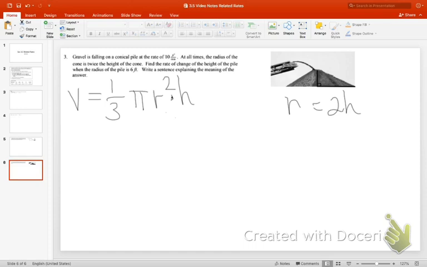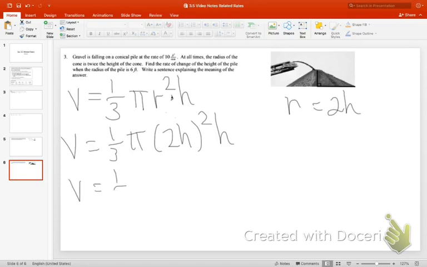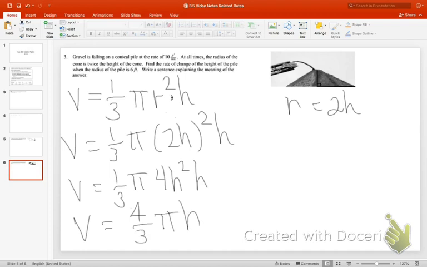So I can substitute this into that volume formula and get 1/3 pi (2h) all squared times h, which gives us volume is 1/3 pi 2h squared is 4h squared times h. And if we simplify that, our volume would be 4/3 pi h cubed.